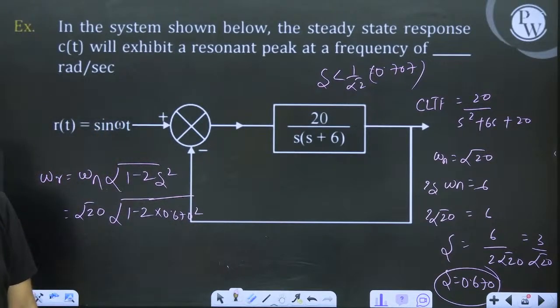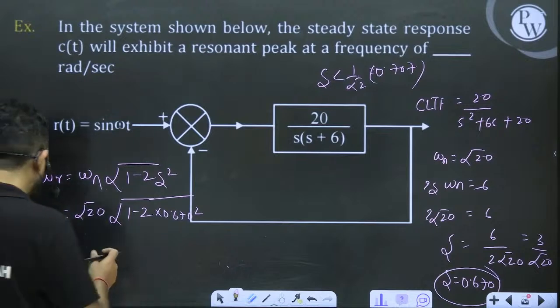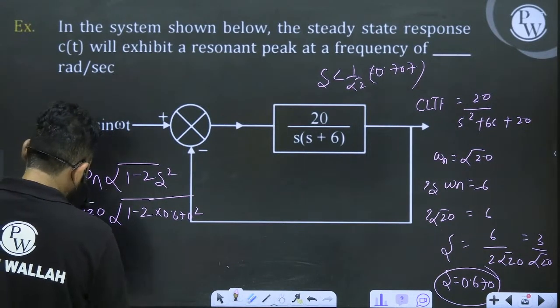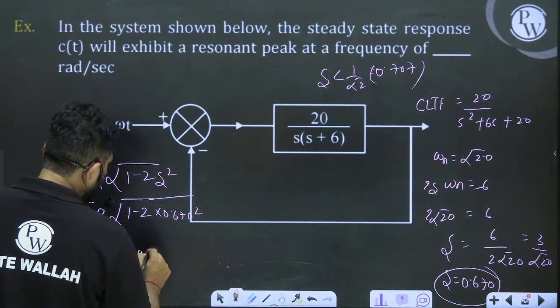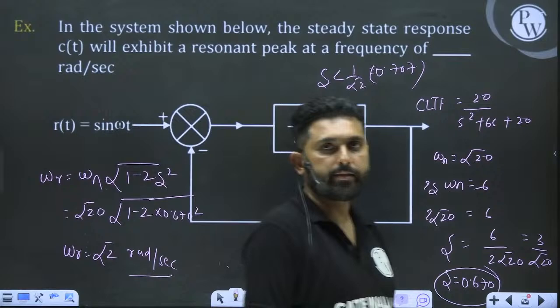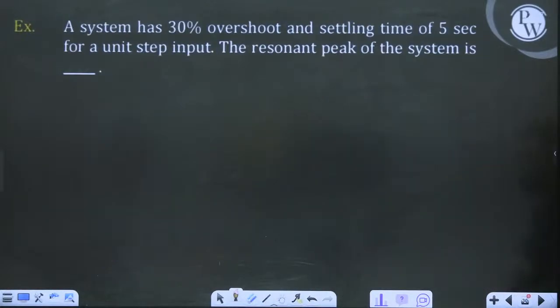Omega r comes out to be root 2 radian per second, or 1.414. Yes, perfect.